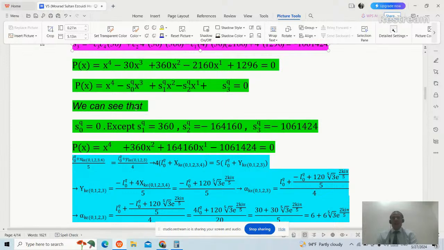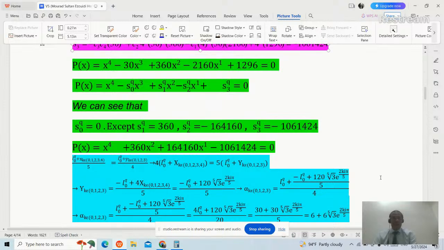You can see that S0 of L0 q is 0, except S1 is 360, S2 is negative 164,160, and S3 is 1,061,424. Therefore, my own polynomial that has been obtained from the original polynomial is that; this one will give you the roots, or will give you an idea of the roots of your original polynomial.